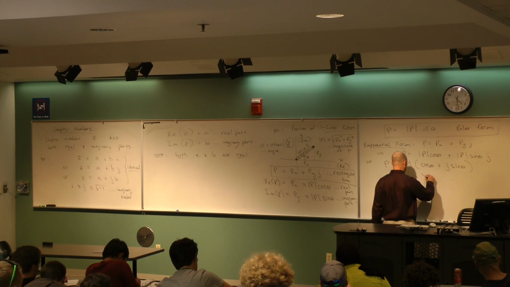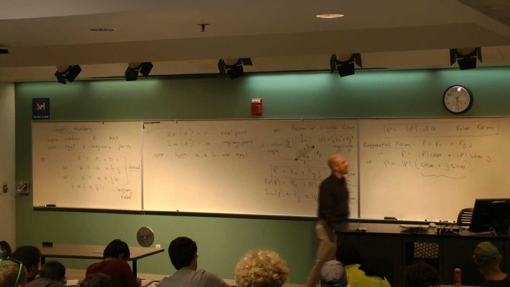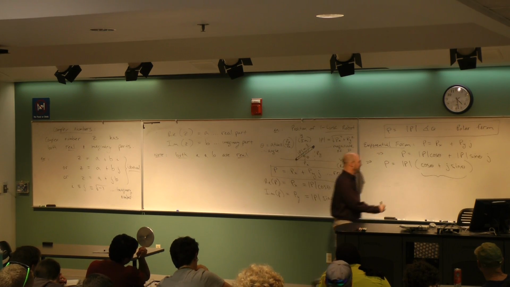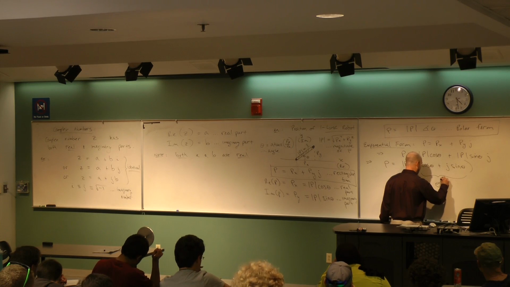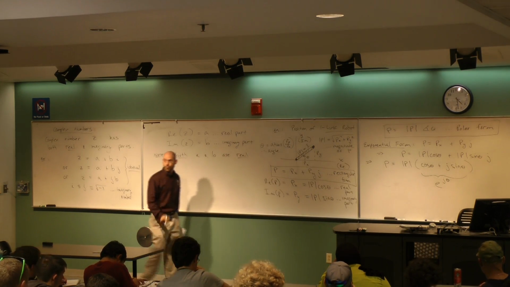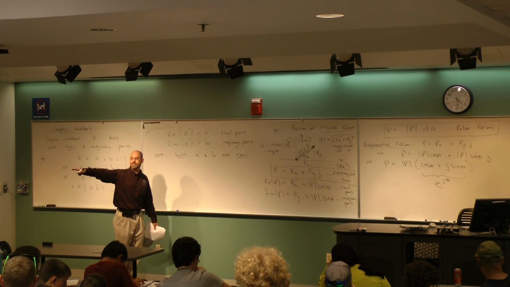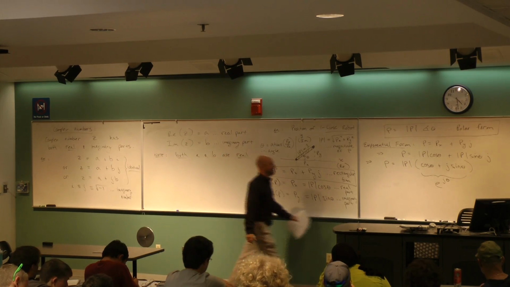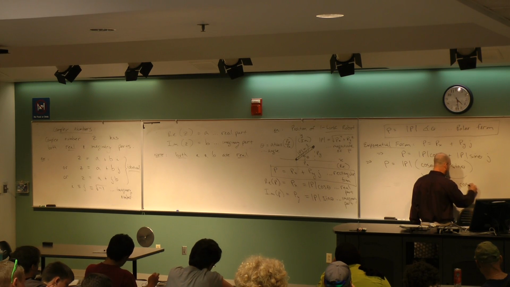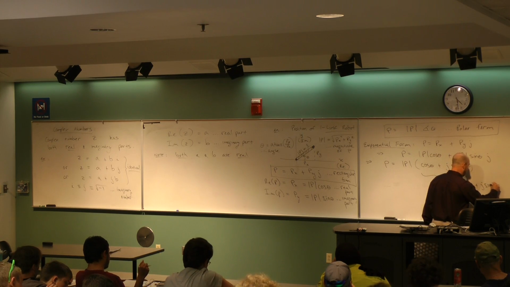This guy right here, cosine theta plus j sine theta, this is e to the j theta. Raise your hand if you've ever seen that before. Okay, not uncommon. This is a new idea. So e to the j theta is, by definition, cosine theta plus j sine theta.